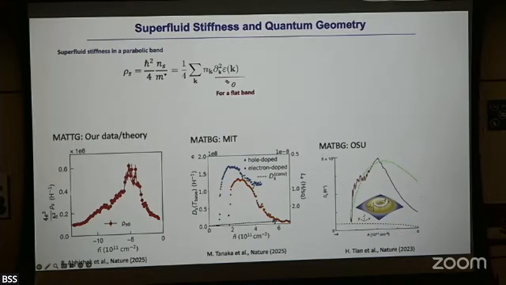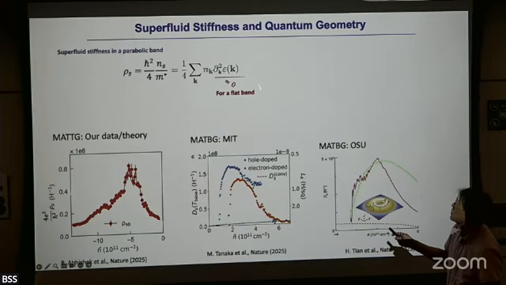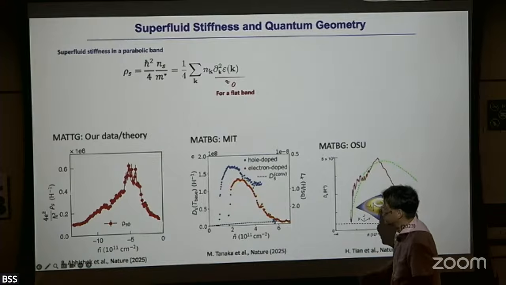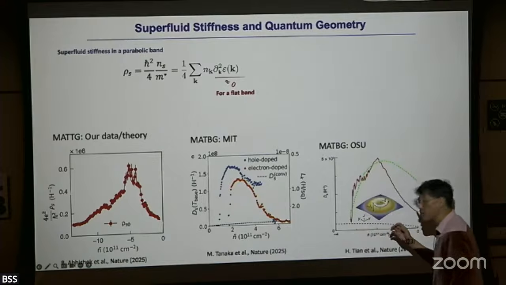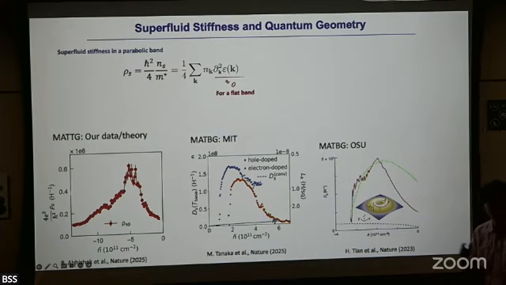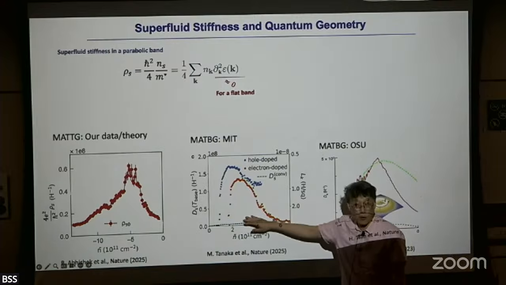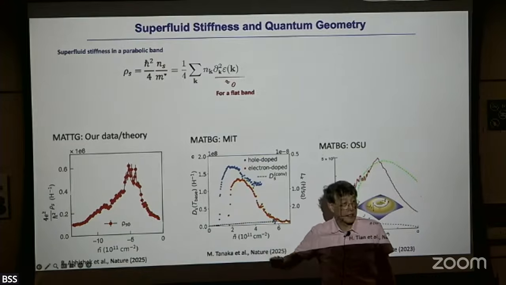But if I compare that number with this calculation for a flat band with a small width, using quantum oscillations and other types of measurement, you can estimate the flat band width and simply compute this rho sub s. This dotted line that these two groups show is more or less what is expected for just a flat band.